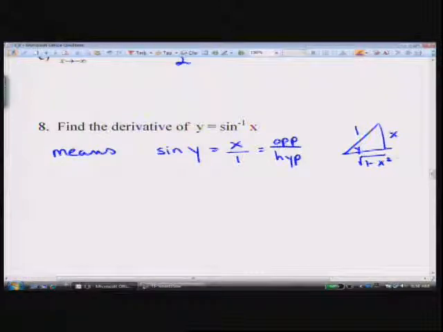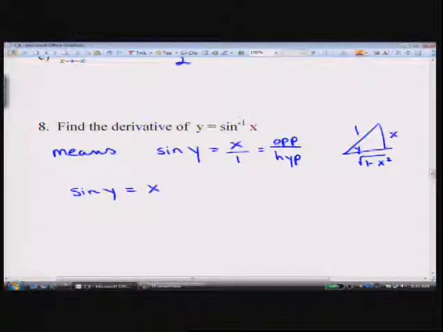All right, now, this right here, the sine of y equals x, I can differentiate with the skill from two lectures ago, implicit differentiation. Remember implicit differentiation? Y is not defined explicitly in terms of x, but I could do it implicitly.